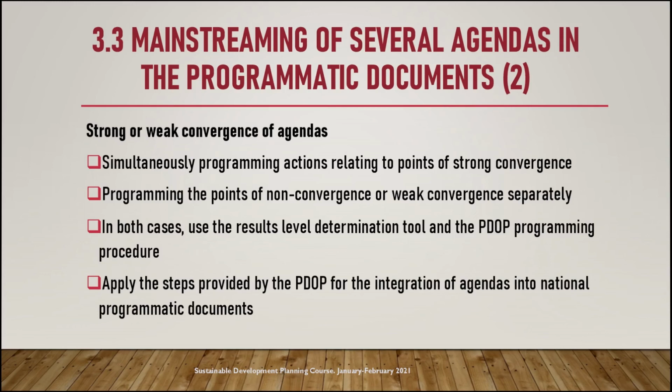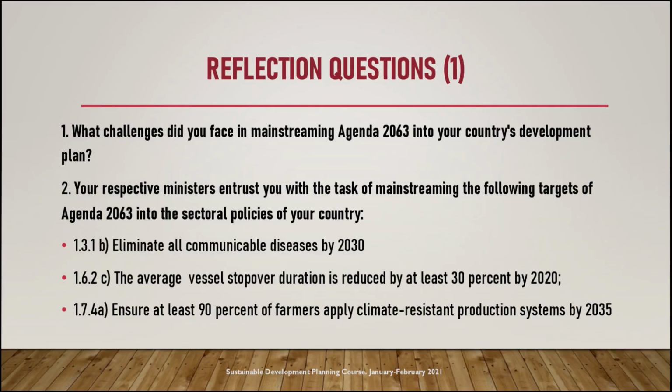In both cases, you need to use the result level determination tool, the table of the PDOP programming procedure, and then apply the steps provided by the PDOP for the integration of those agendas into the national programmatic document. So that is the work. I think that we will continue this work through the discussion on the platform.